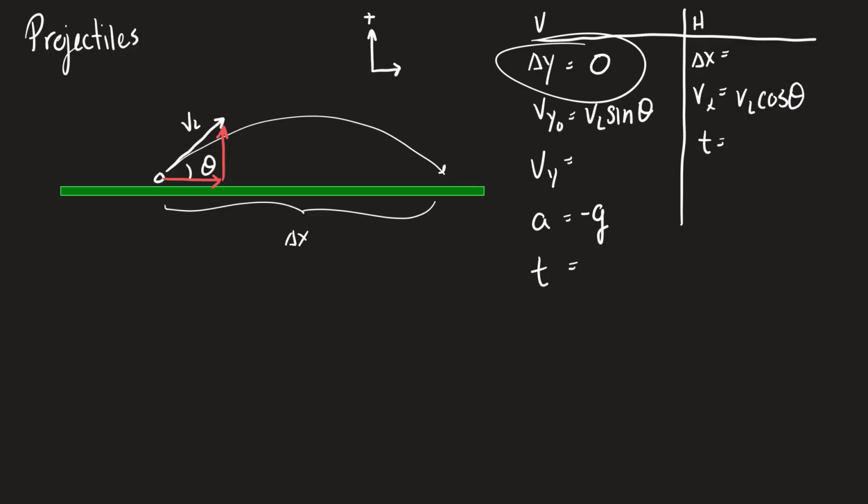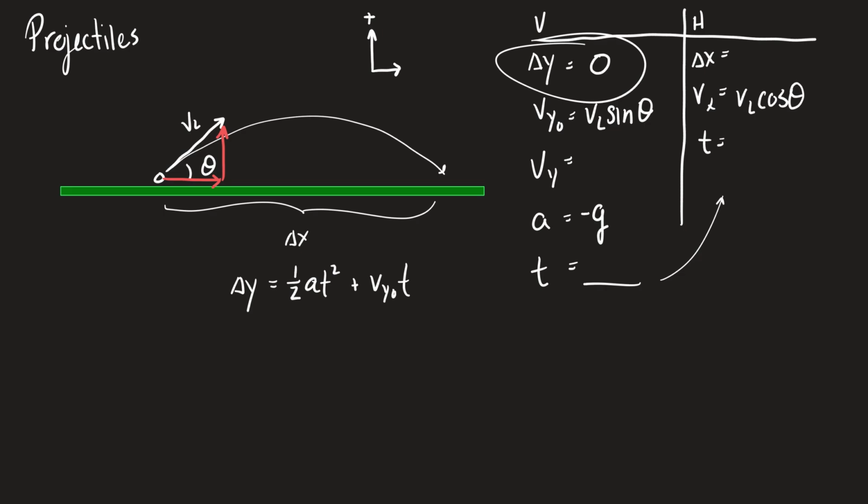Now, in the past, we've had numbers for this, but there's no numbers here. Our goal is to come up with an expression for the time. And once we have an expression for the time, we'll use it over here. So I'm going to start with delta y equals 1/2 a t squared plus vy naught times t.